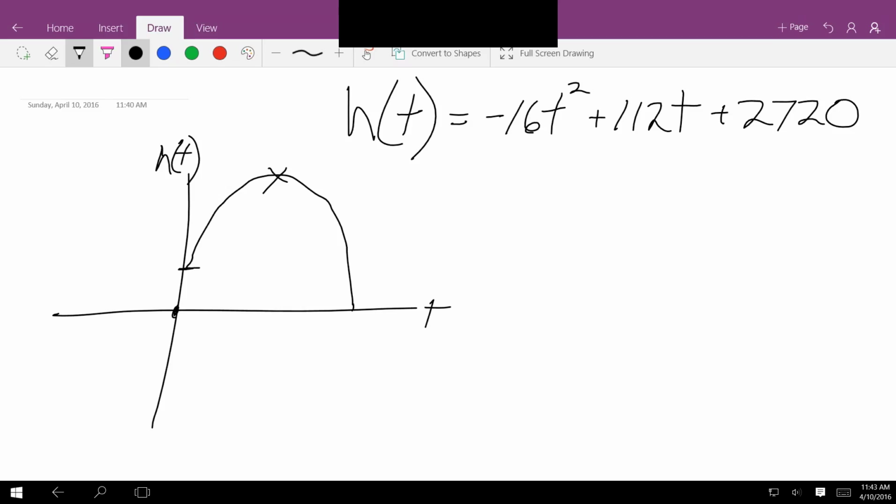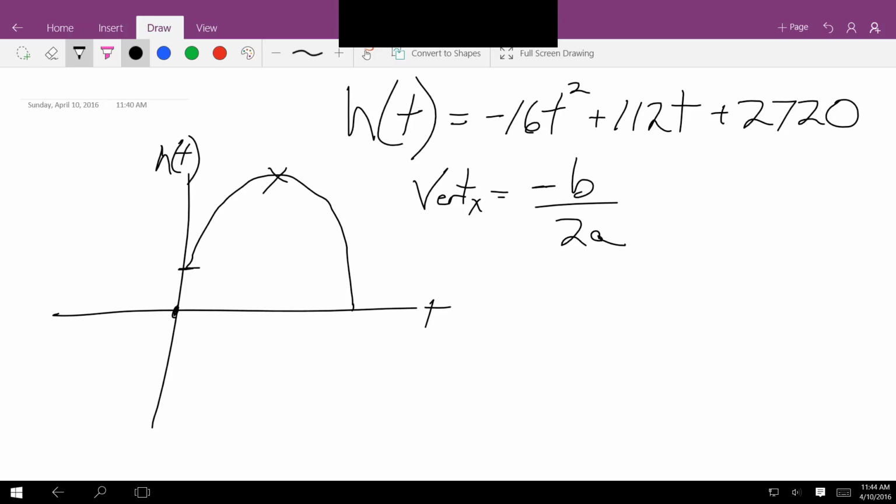Okay? So, we can either complete the square on this, and that's going to be harder, just because there's this big number here that has to be factored out, and completing the square is going to be a lot of arithmetic. So I would say the best way to do this problem would be to use minus b over 2a, although that's actually a lot of arithmetic also.